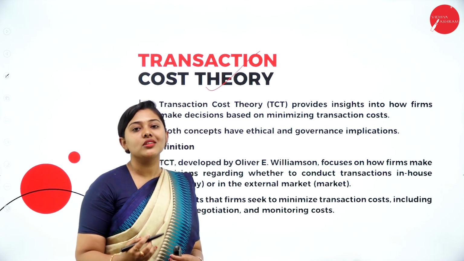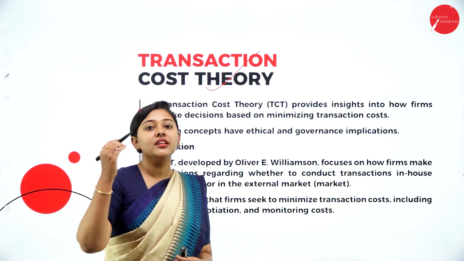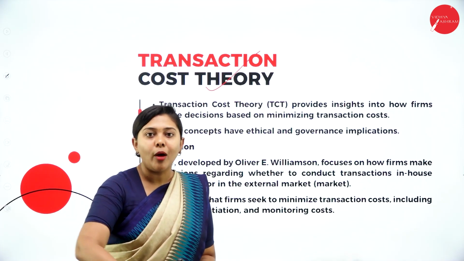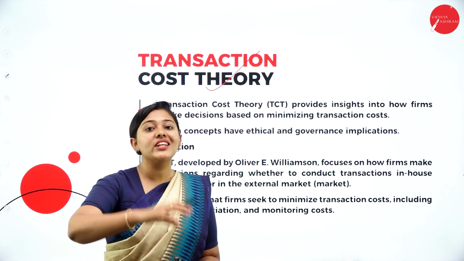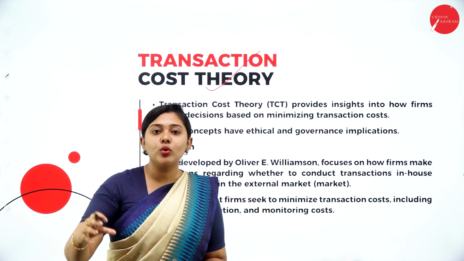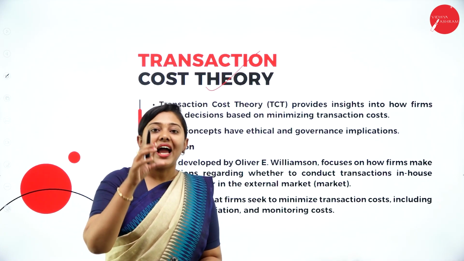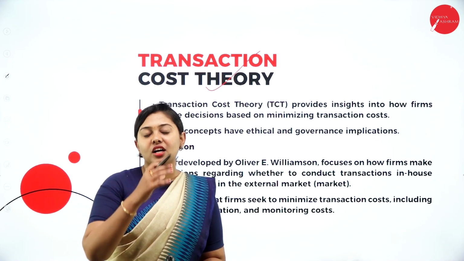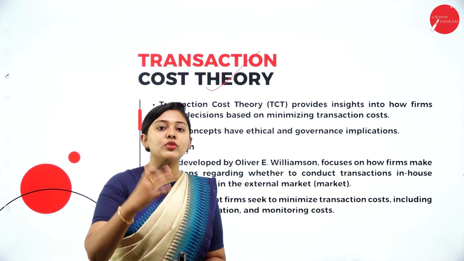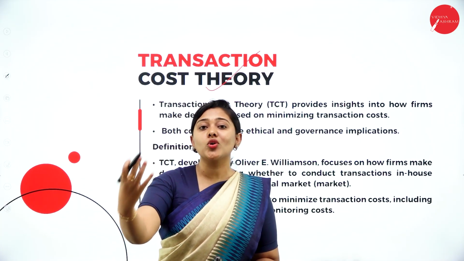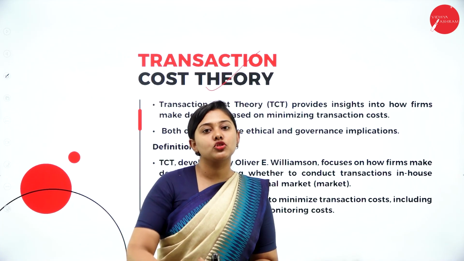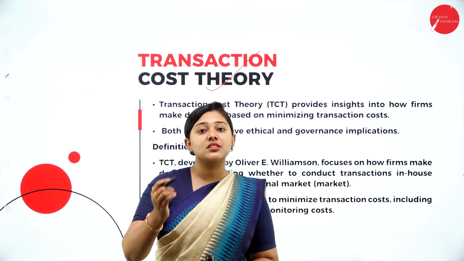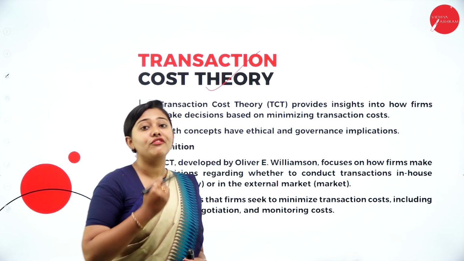Transaction cost will occur when a person, instead of doing a job himself, appoints another person to do that particular job. At that time, transaction cost occurs. Instead of doing the job, they outsource the work, they outsource the labor. So transaction cost occurs. It is an expense for an organization, for a firm.